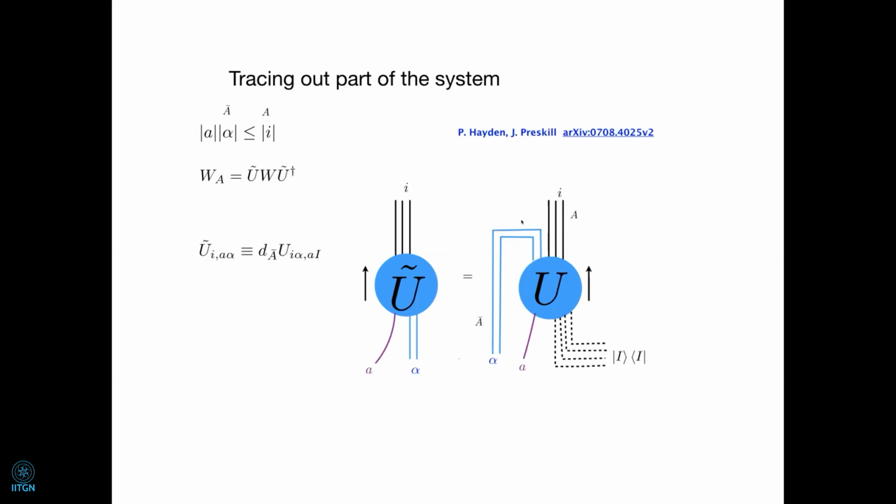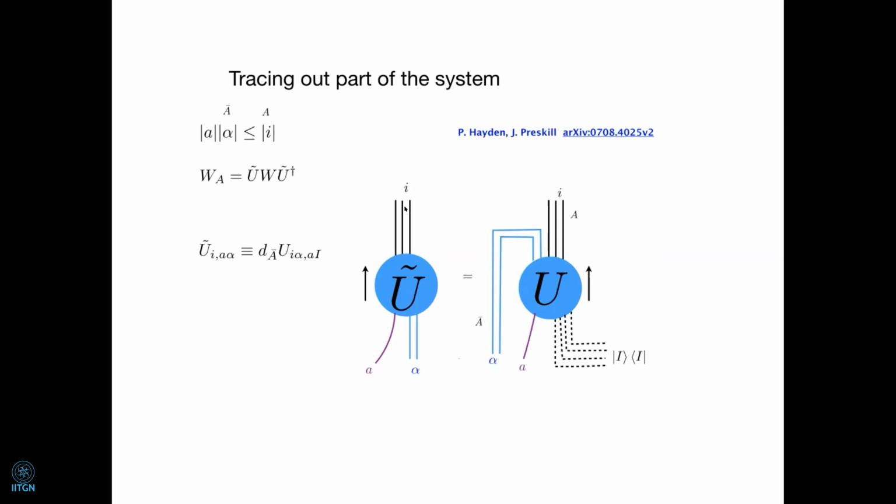If this condition holds, basically what it says is that the dimension of A bar and the spin together is less than the dimension of A. When this condition holds, then what Hayden and Preskill told us is that the spin is still encoded in subsystem A. So if you want to flip the spin and you only have access to subsystem A, you can still do it.